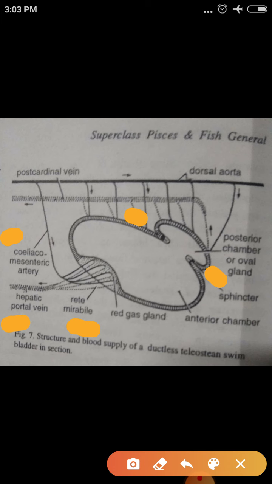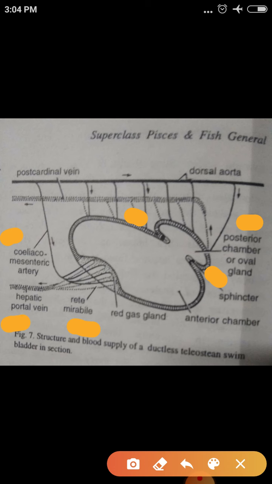The posterior chamber is thin-walled and forms the oval gland, which permits reabsorption of gases by the blood. Secretion and reabsorption are under the control of the autonomic nervous system.